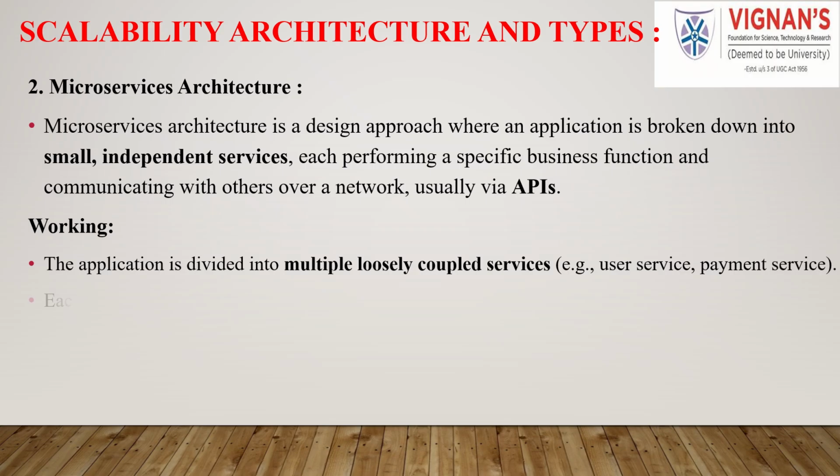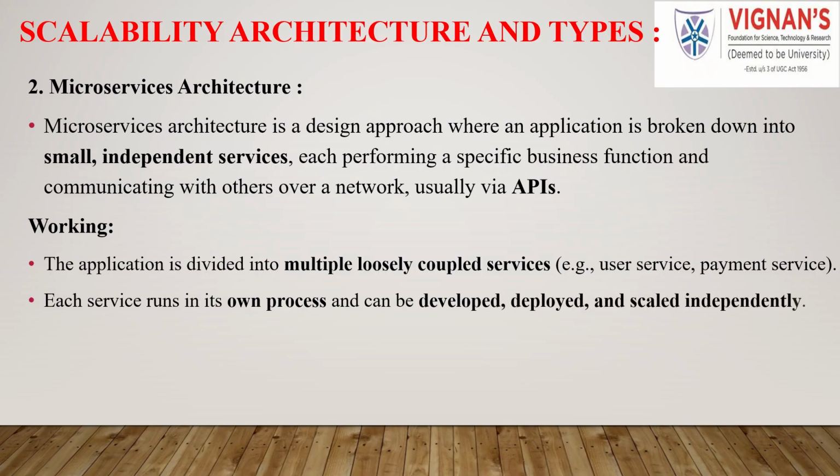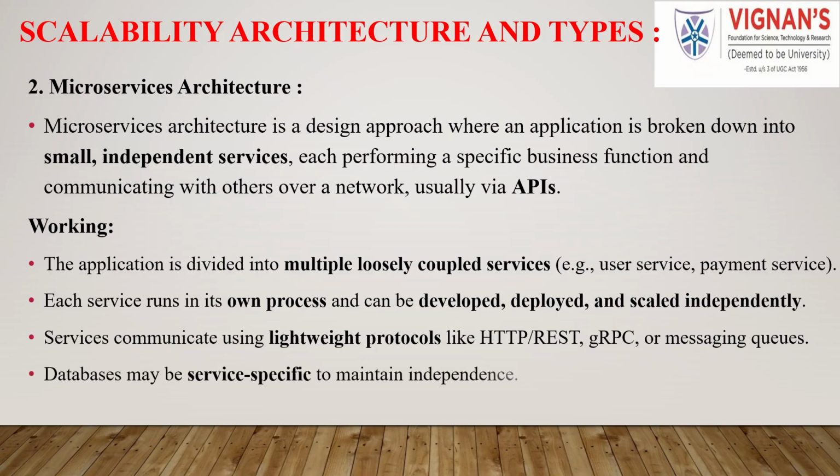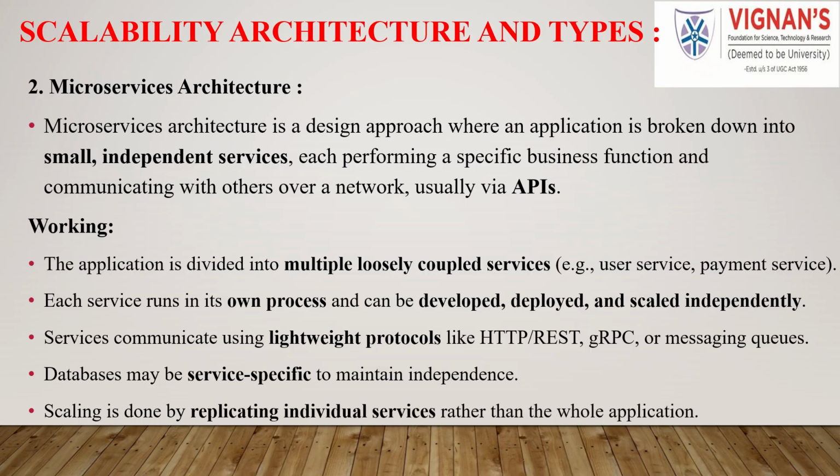Each service runs in its own process and can be developed, deployed, and scaled independently. The services communicate using lightweight protocols such as HTTP, REST, gRPC, or messaging queues. Databases may be specific to each service to maintain independence. Scaling is achieved by replicating individual services rather than the entire application.